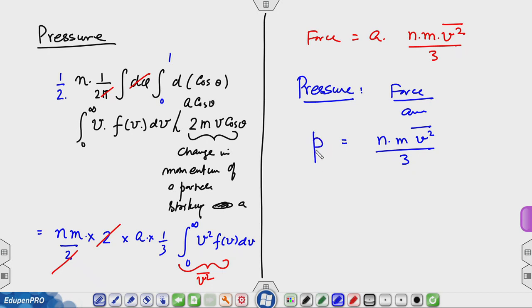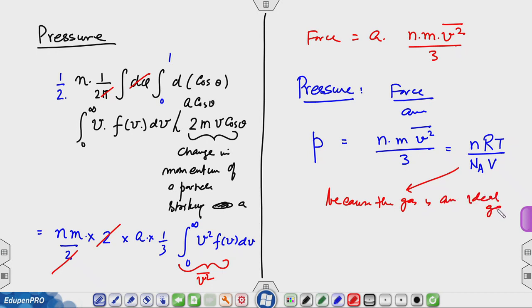And we have taken this to be a dilute gas, so this should be equal to nRT divided by n Avogadro number. That gives you the number of moles, V. This gas is an ideal gas.